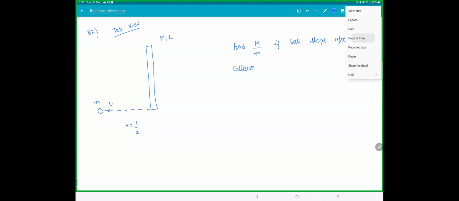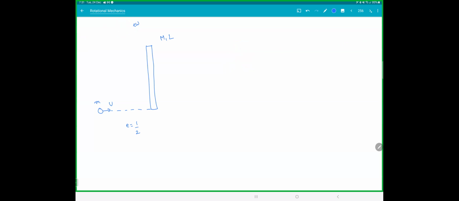Step 1, draw your final diagram. This would be nice because it stopped. So after the collision, this guy came to rest. This guy went with V and rotated with omega. Initial momentum is final momentum, so mu is capital MV.